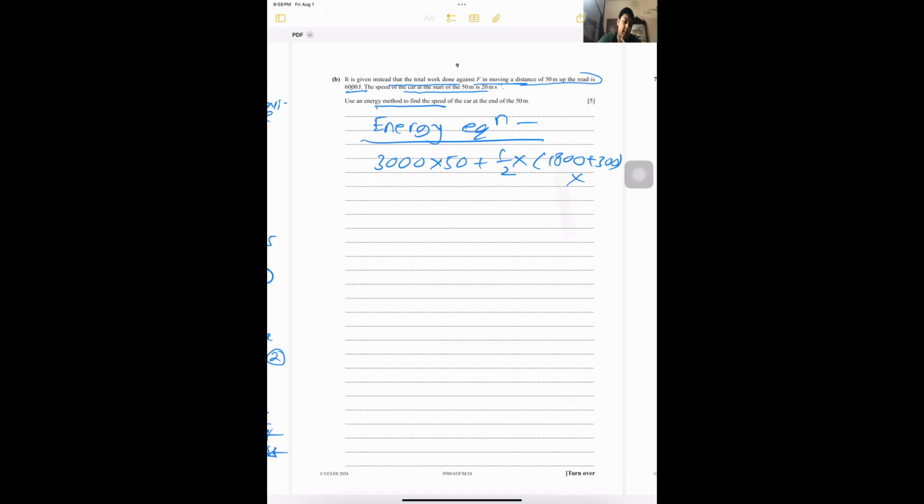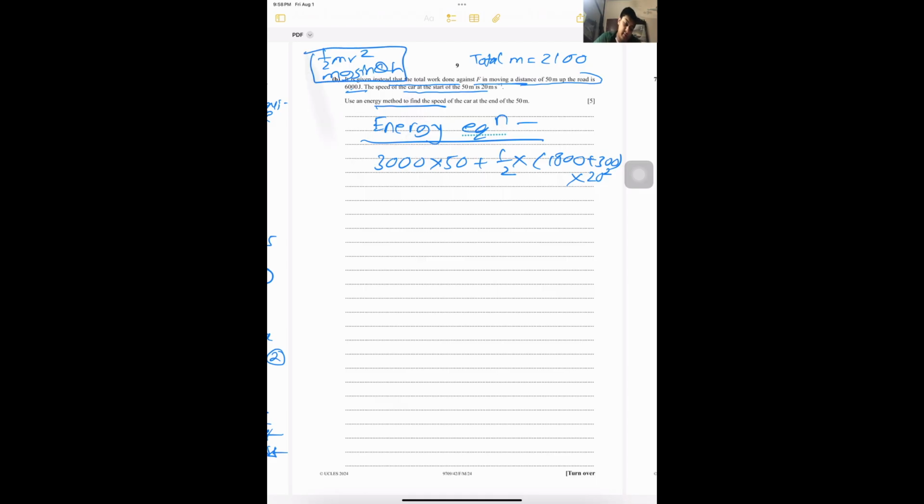Total mass here is 2100, which I've just written, and initial speed is 20, so half mv squared. We're using these formulas: half mv squared and mg sine theta h. These are the formulas we will be using here.